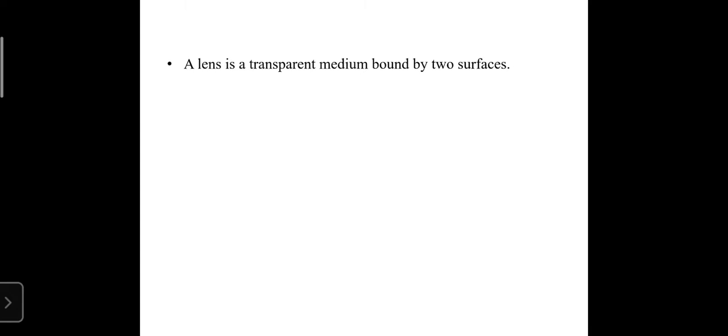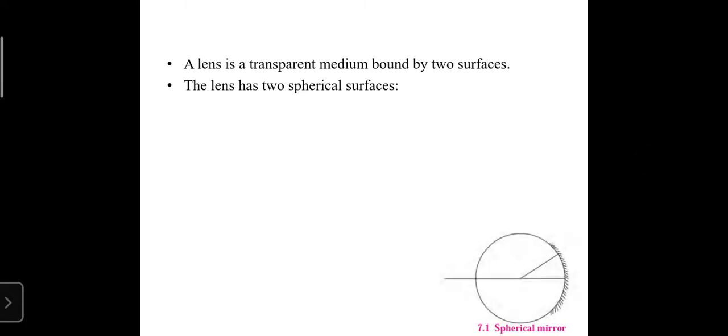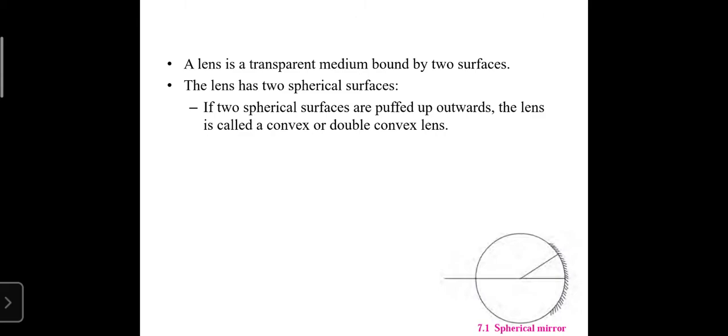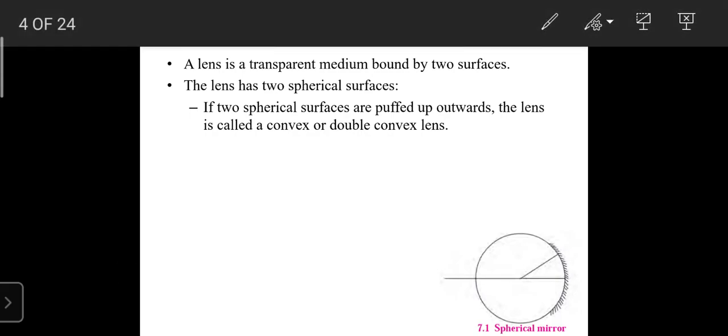Now, a lens is a transparent medium bound by two surfaces. So a lens has two surfaces, and these two surfaces are spherical surfaces. Now, if the two spherical surfaces are puffed outward, बाहर की तरफ अगर फुले हुए हैं, the lens is called a convex or double convex lens.